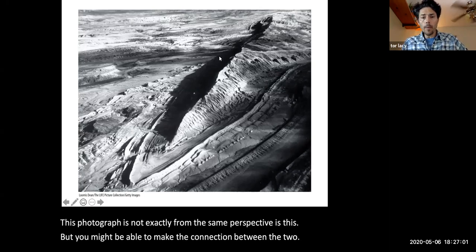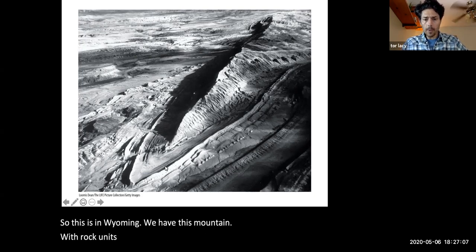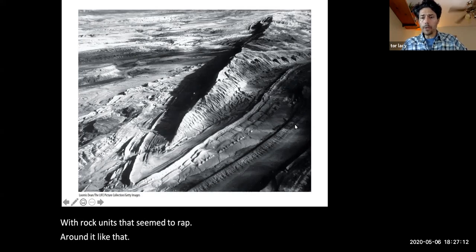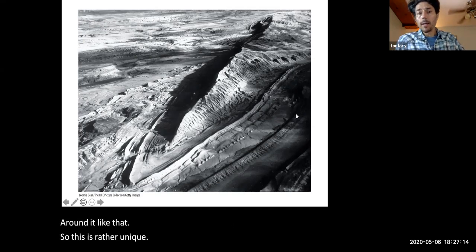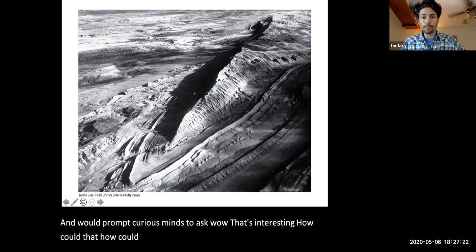So this is in Wyoming. We have this mountain with rock units that seem to wrap around it like that. So this is rather unique and would prompt curious minds to ask, wow, that's interesting. How could that be? How could that have formed?